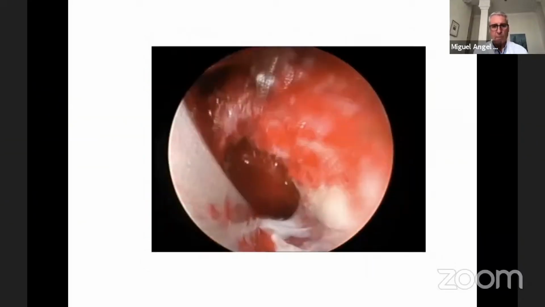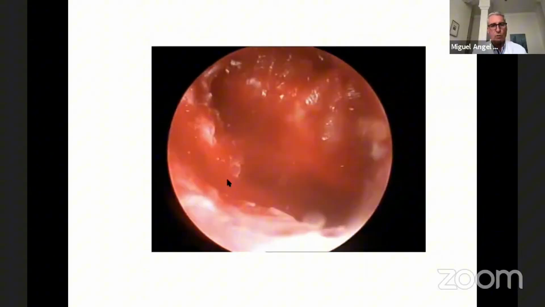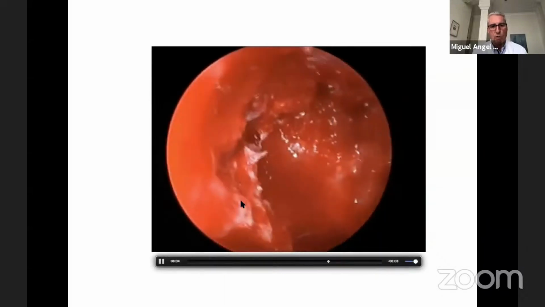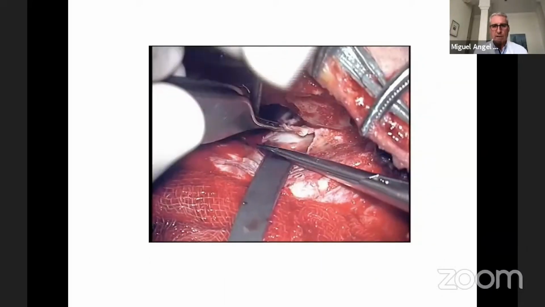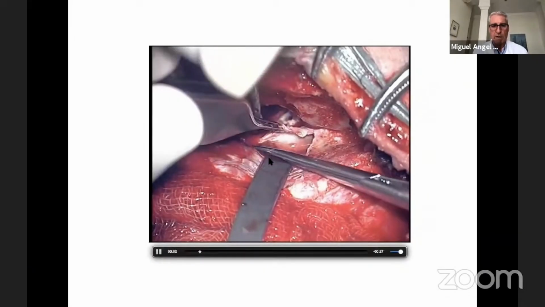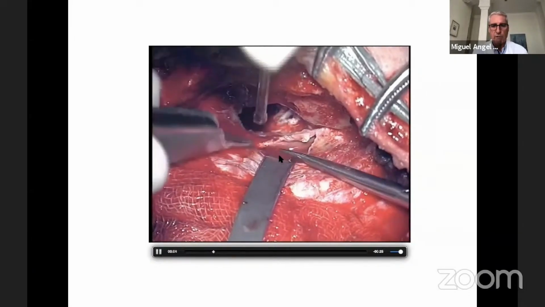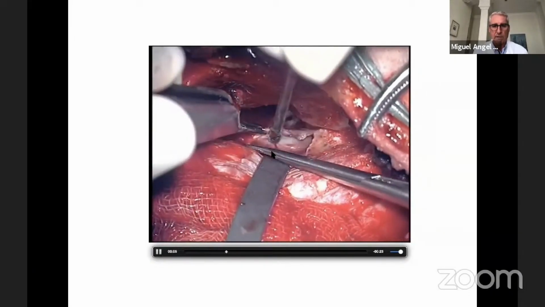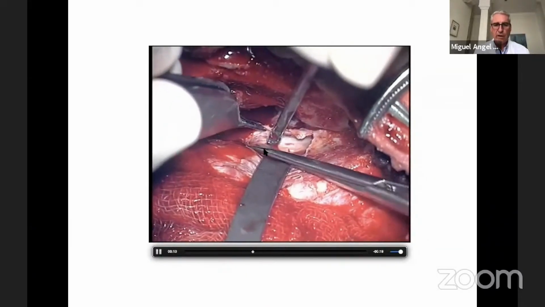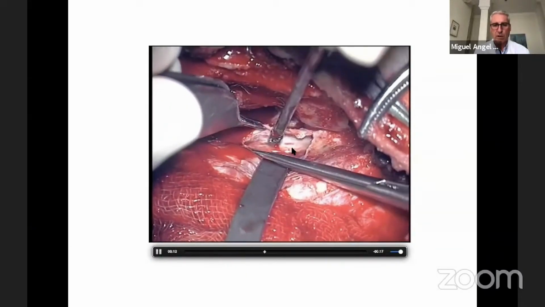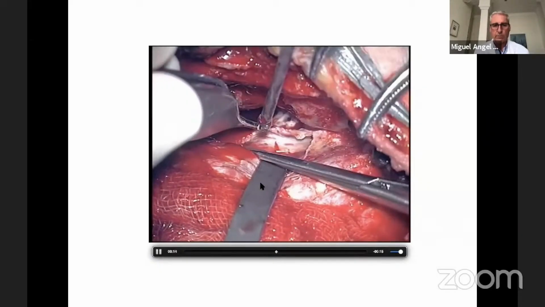And this is the way, with the aid of endoscopy, you can see some remaining tumor over here that can be drilled and removed. And this is, as mentioned earlier, the way you have to do a parallel cut of the inferior surface of tentorium and dura.